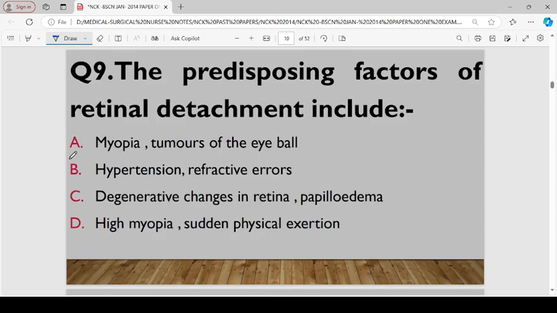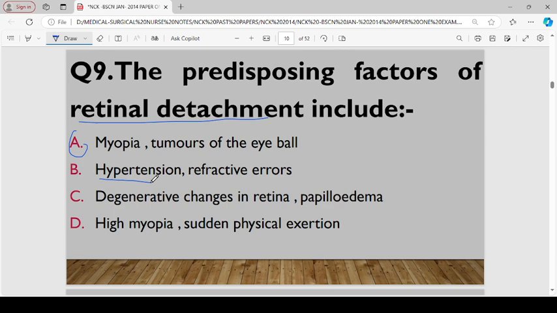The predisposing factors of retinal detachment. Types of retinal detachment, we are here now. And the best option here is option A. Myopia and tumors of the eyeball will predispose one to such disorders, right?